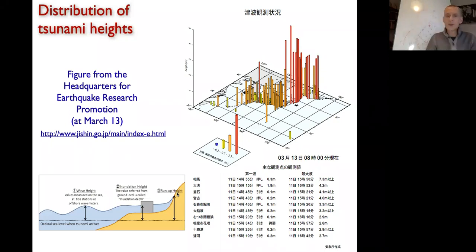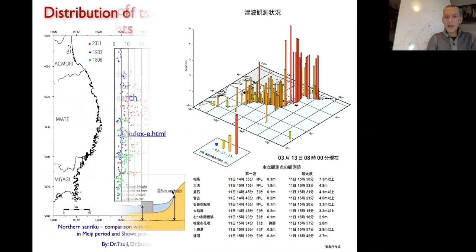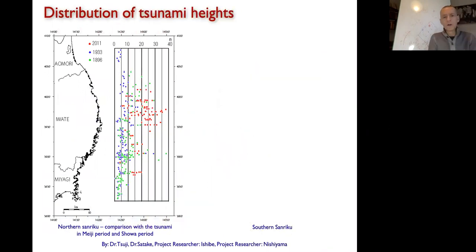And that depends, of course, on whether you have defenses, steep barriers there, or not. So you may have a smaller run-up, but a very big penetration depth. So the key words for this slide here are wave height and tsunami run-up. And if you look at what has been collected in those days as tsunami height, some values are really impressive here.